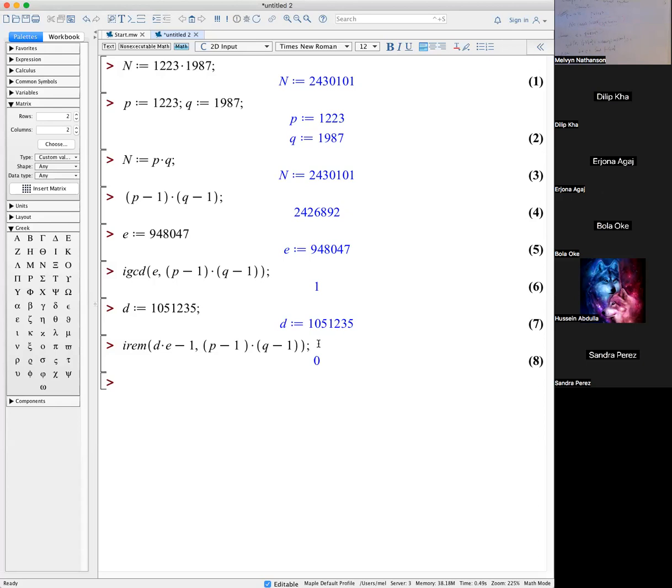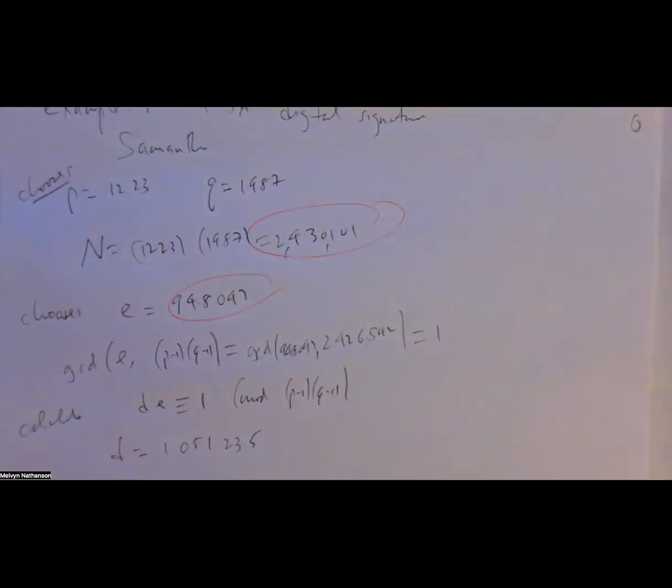It is 0. So good. All we know is that the numbers in the text are reliable. So DE is congruent to 1 mod P minus 1, Q minus 1. So D is the secret number that only Samantha knows.